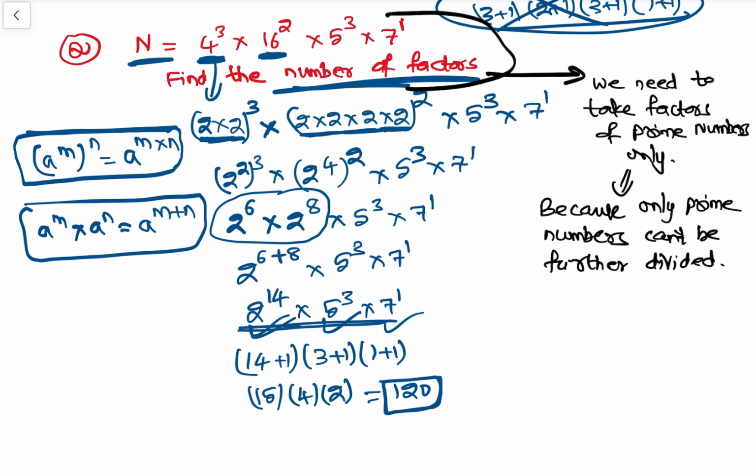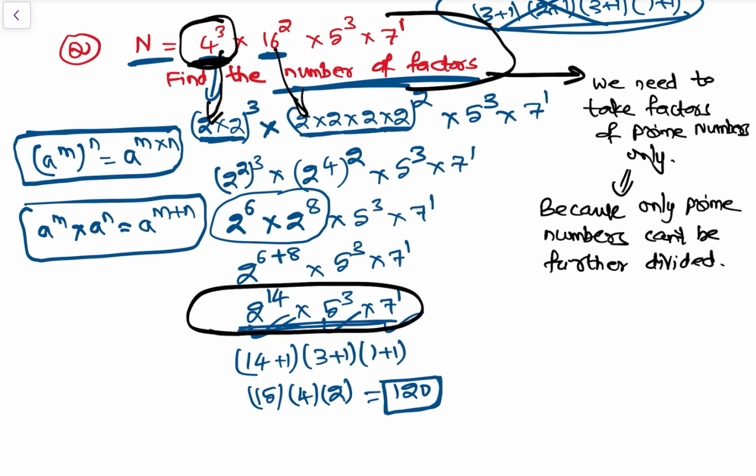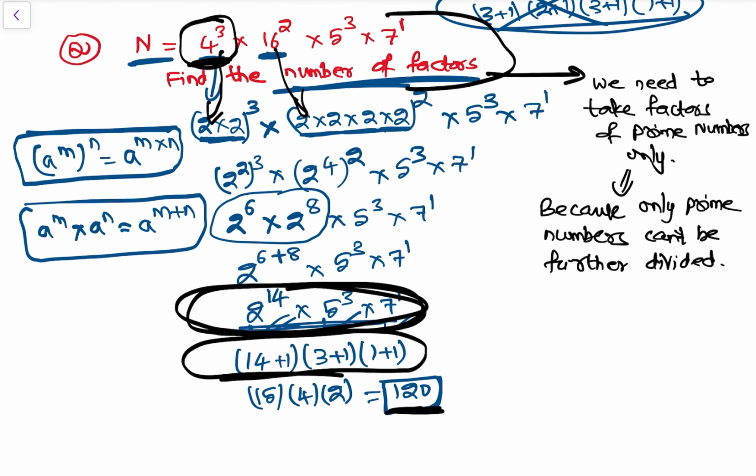So we take the factors of prime numbers only. That is why we have to break all numbers down into prime numbers, and then only we take those powers. See, this is the power, and adding 1 to them and multiplying, we get the number of factors. This is how to deal with the number of factors. This is the total number of factors.